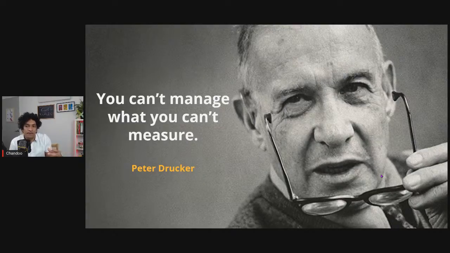But the way you want to define and manage these KPIs is you want to define them in such a way that you are able to have a greater control on the outcome. For example, if I define my success by number of views, it's not something that I can control. I don't really know how I can convince YouTube to show my video to more people. So that's not really what I should be managing, right?